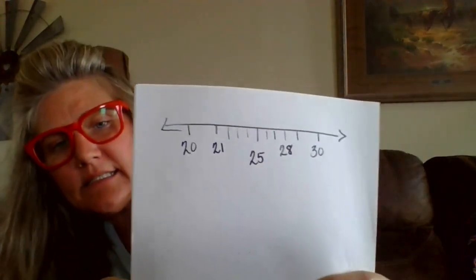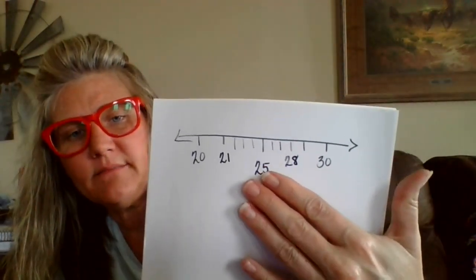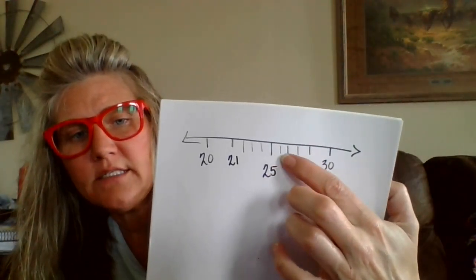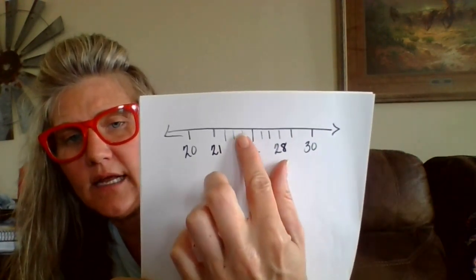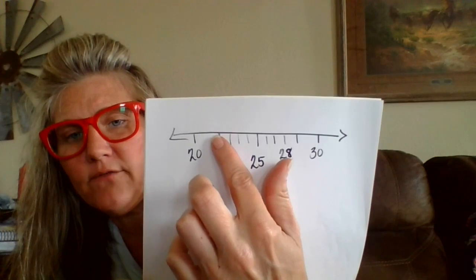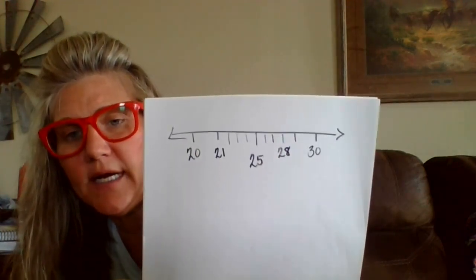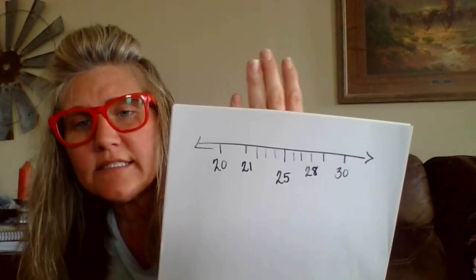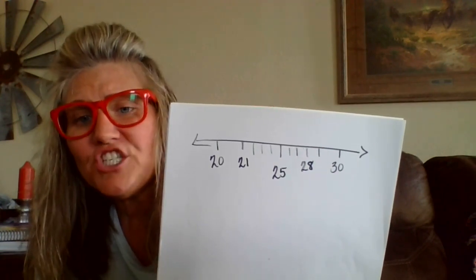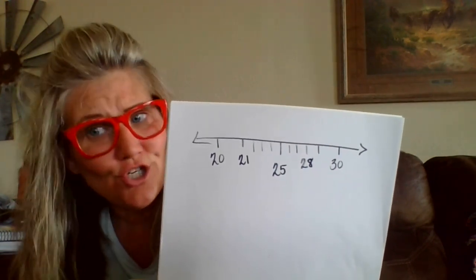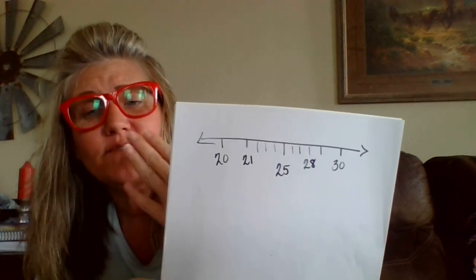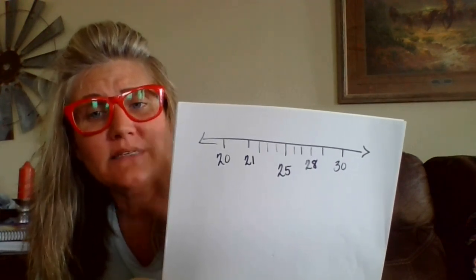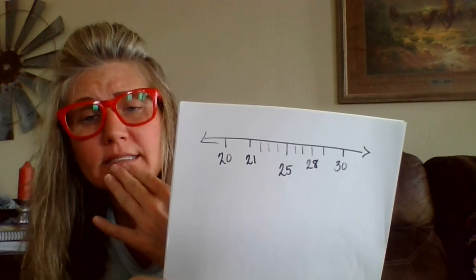Do you see this? Do you see 25's in the middle? I have 1, 2, 3, 4, 5 hops to get to 30, and 1, 2, 3, 4, 5 hops to get to 20. So how do I decide which 10 is it closer to? How am I going to round 25? If 25 is the same many hops both ways.